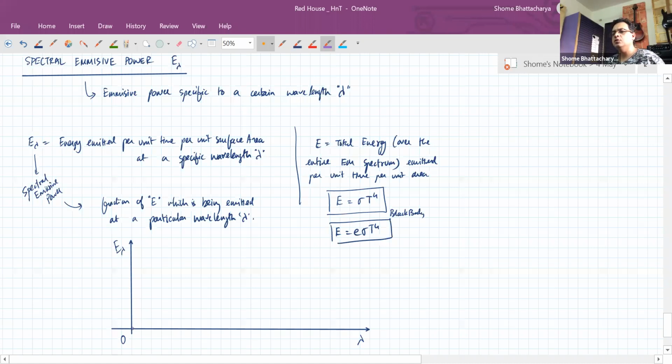So that typically looks something like this. That graph peaks at a certain value, and of course it starts from zero. So it's logical that there is zero energy at zero wavelength, but it sort of peaks and then tends to go towards zero as you go to the higher values of wavelength.